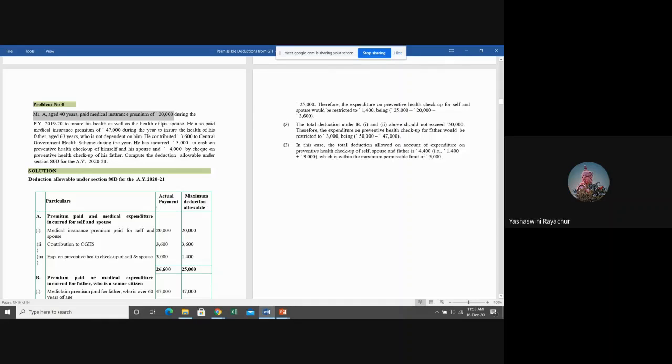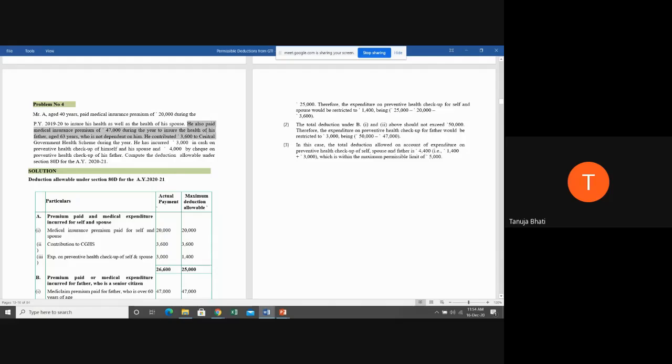Ma'am, can you repeat the question once? It is 25,000 maximum he can claim, but 20,000 is falling well below the limit. 25,000 is the limit, and 20,000 premium he has paid, so he will be allowed a deduction of the complete 20,000.